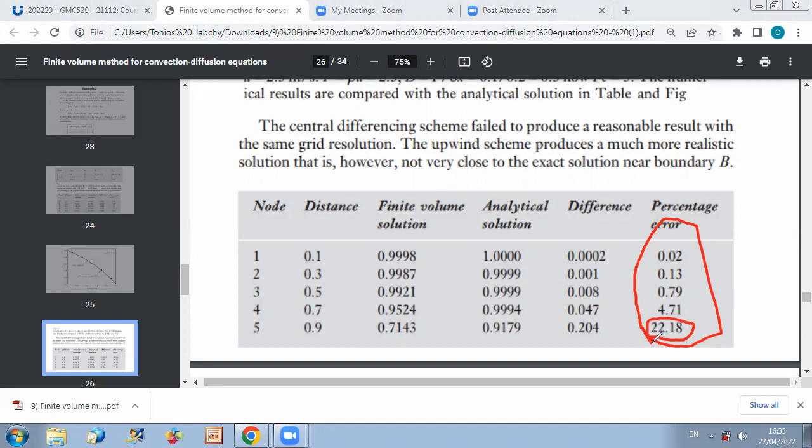So what we can say is that even with a coarse grid, even with a small number of cells, the upwind scheme is able to give good predictions for large Peclet numbers. We can still enhance this solution. Of course, to enhance this solution, we can increase the number of points, so we can reduce our grid size.